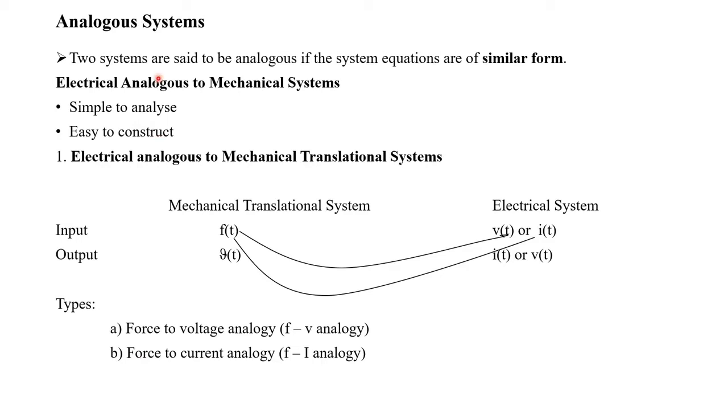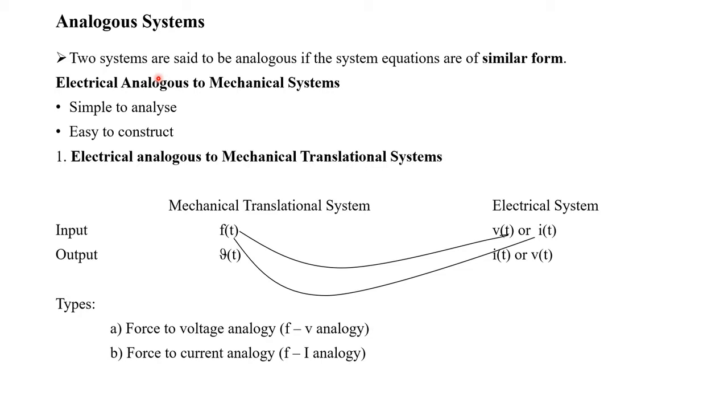Two systems are said to be analogous if the system equations are of similar form. We all know each control system has a system equation or differential equation. If two systems have a similar form of the system equation, then the systems are said to be analogous systems.